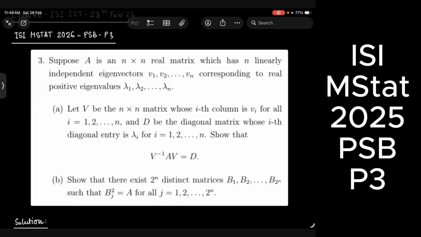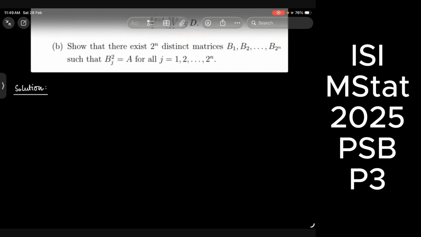Okay. So let's start. Suppose A is an n cross n real matrix which has n linearly independent eigenvectors corresponding to positive eigenvalues lambda 1 up to lambda n, and V be an n cross n matrix whose ith column is Vi, for all i equal to 1 up to n, and D is a diagonal matrix whose ith diagonal entry is lambda i.